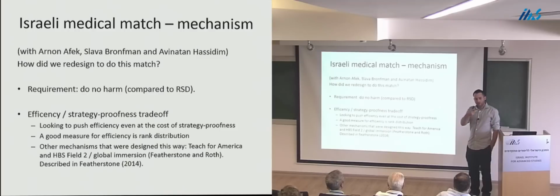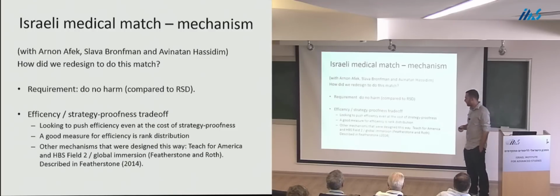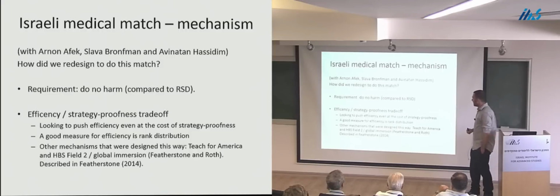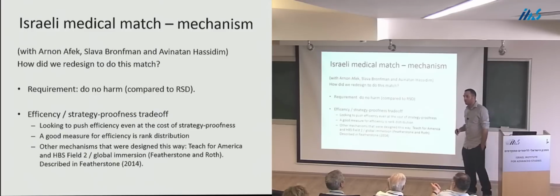And this goes to your question about rank efficiency. So we can actually improve rank efficiency but not using a strategy proof mechanism, okay? And this is a great work by Clayton Featherstone from 2014, actually a bit earlier, but he has a new version. And in fact, we're not even the first to do it because Clayton and Al here already redesigned 2 mechanisms that try to maximize the rank efficiency of the distribution.